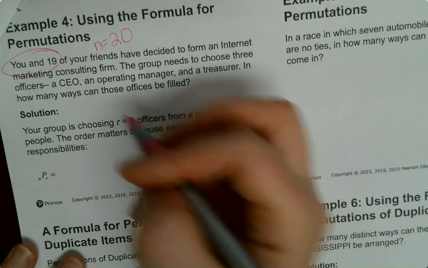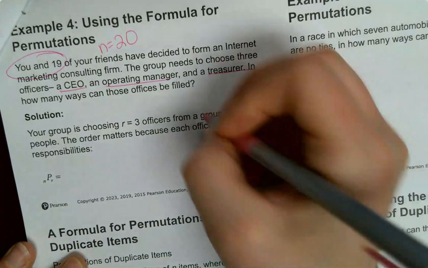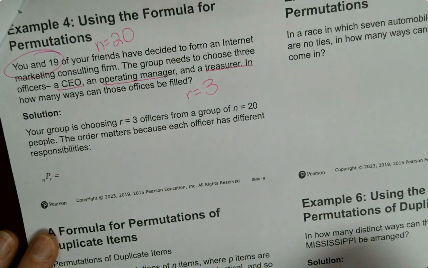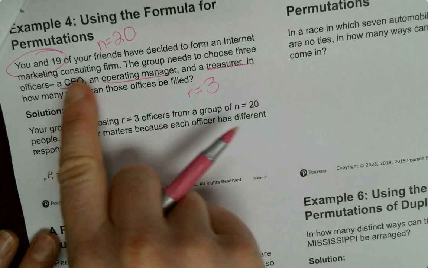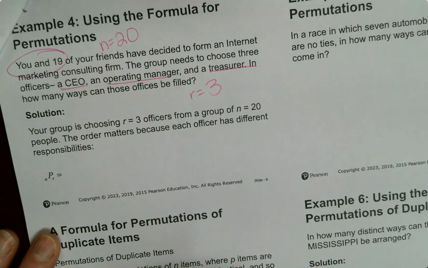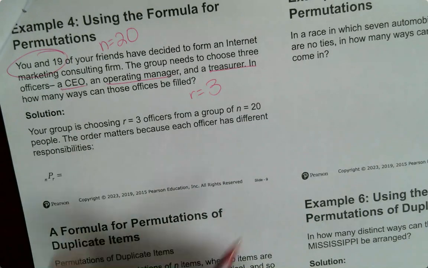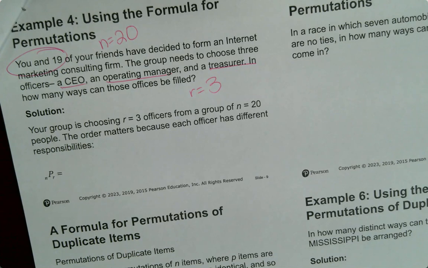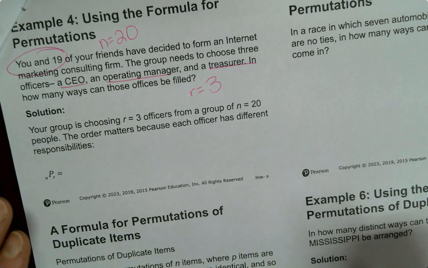And then we're choosing 1, 2, 3 officers. So we can use permutation because it matters which office a person gets. It's not like they're just picking 3 people to be on the committee. It's one person CEO, one person operating manager, and one person as treasurer. So we have to use the permutation formula.